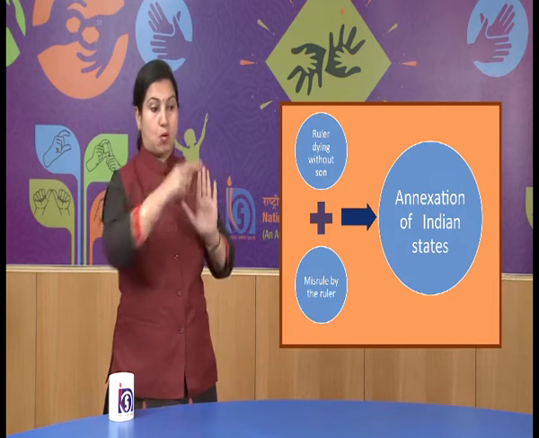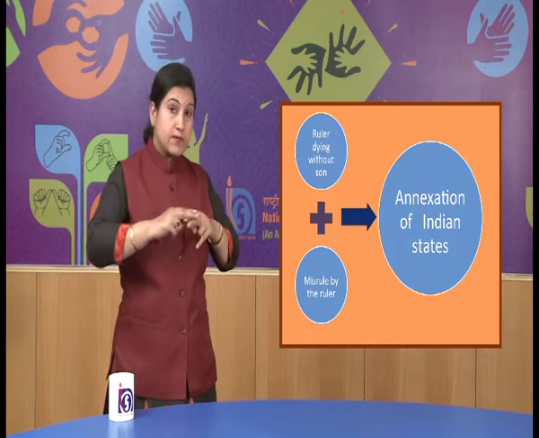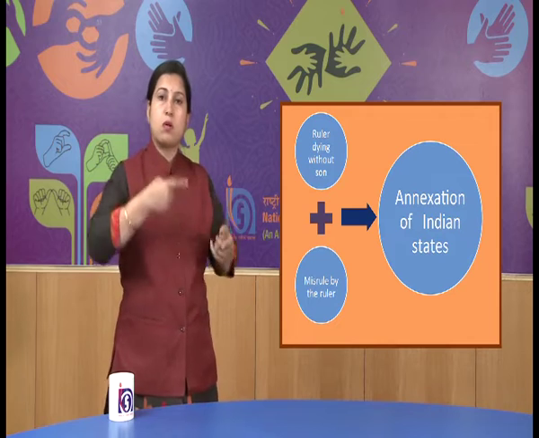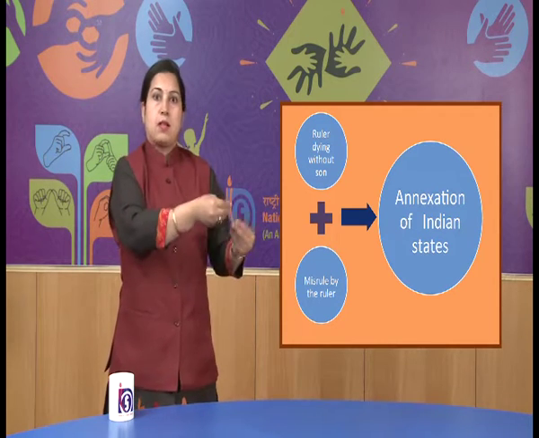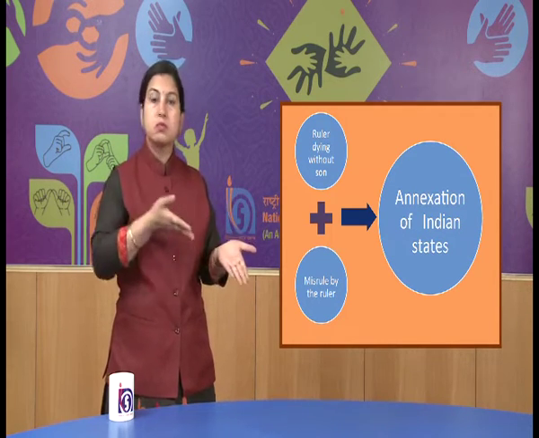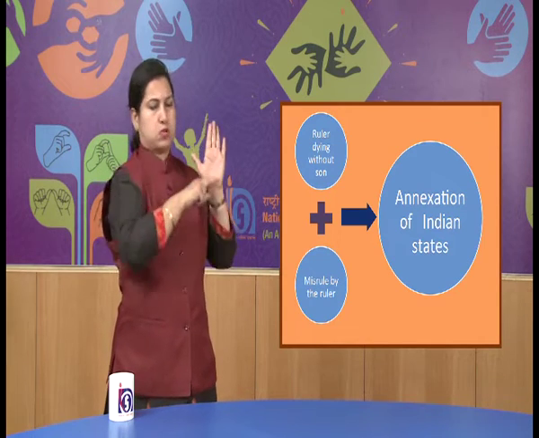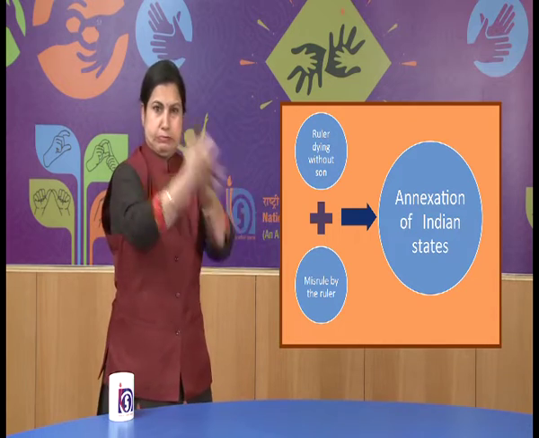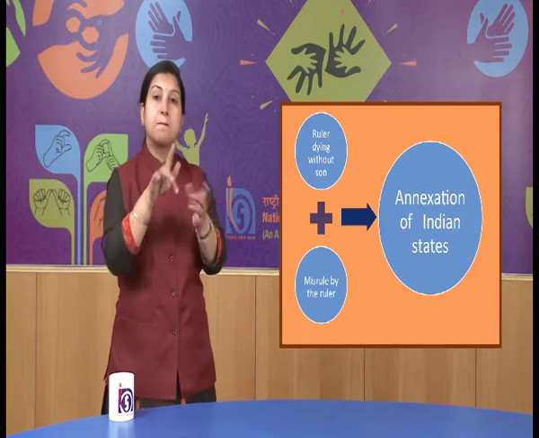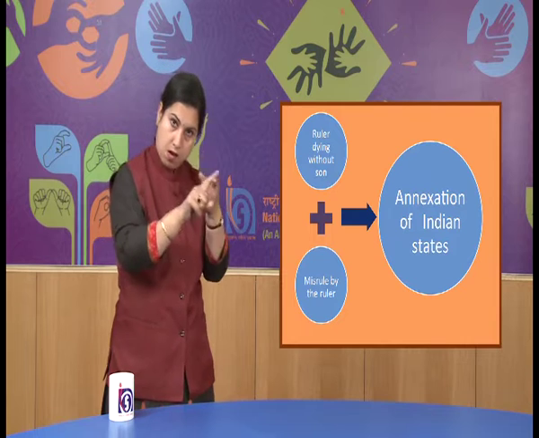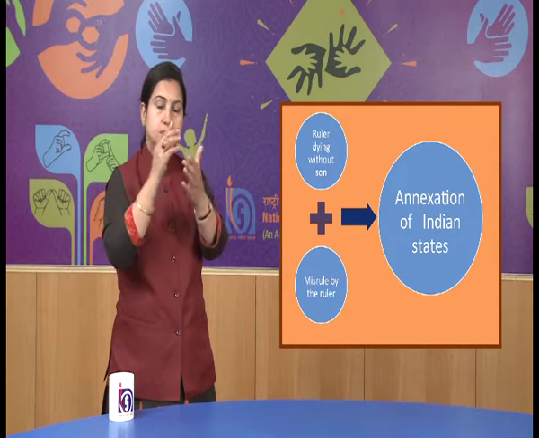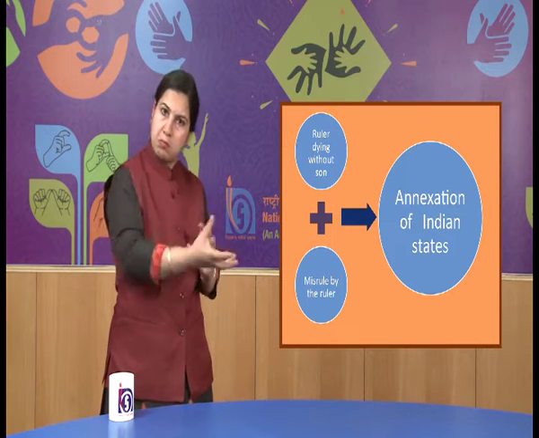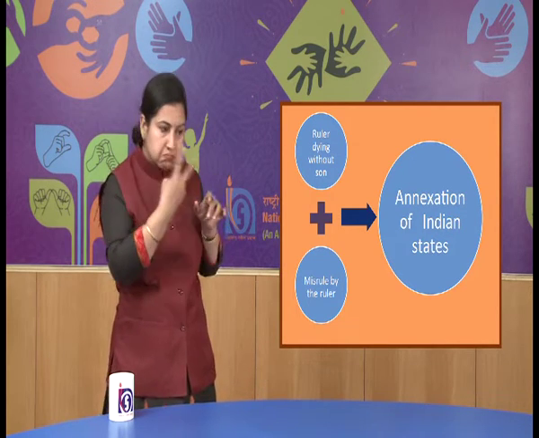Under this policy, the Indian rulers were not allowed to adopt a child and declare him as their successor. By giving this reason, British annexed states of Satara, Jhansi, and Nagpur. The British occupied these states due to this policy.